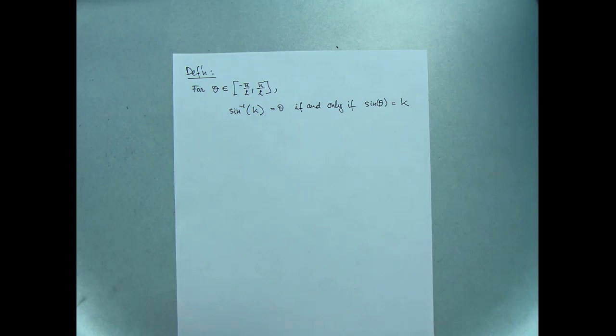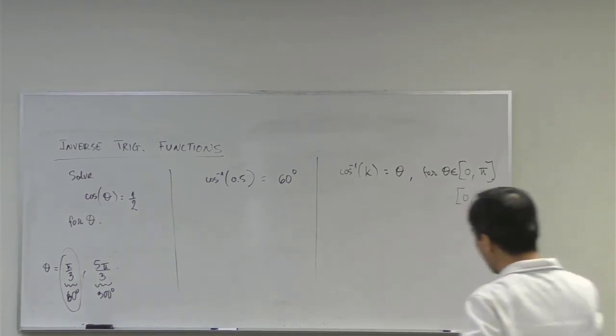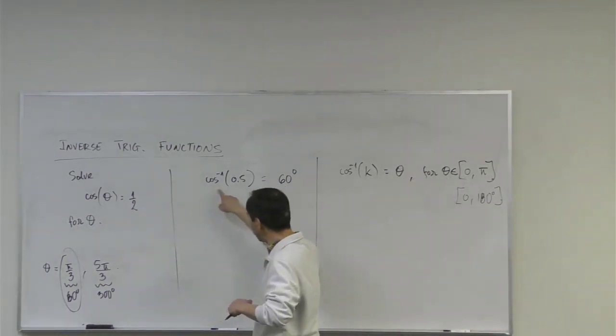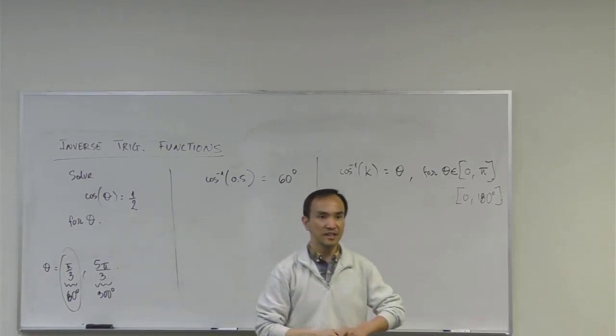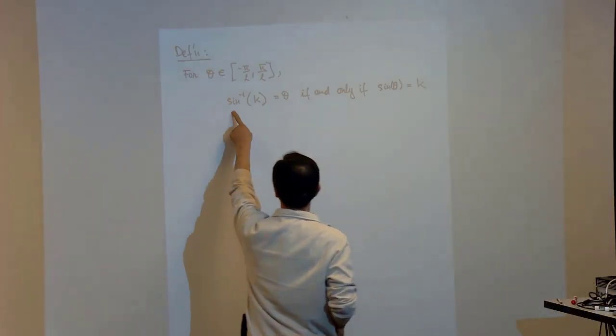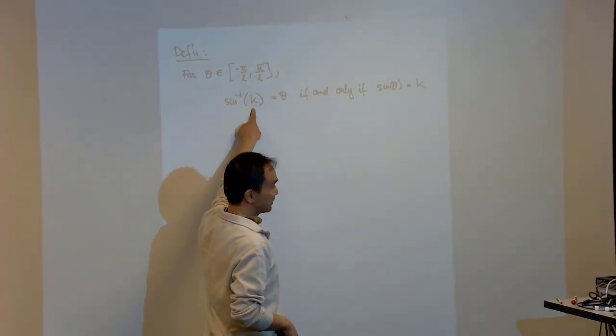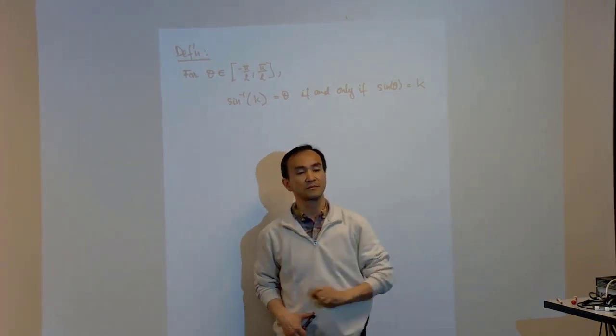That's what I was explaining earlier on that other board: any time we're taking cosine or sine inverse, an inverse trig function, you think about that as solving the trig equation. That's why there are such equivalents. Taking sine inverse of a value is the same as solving that equation for theta.